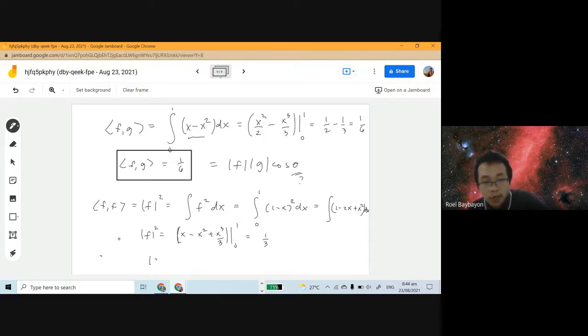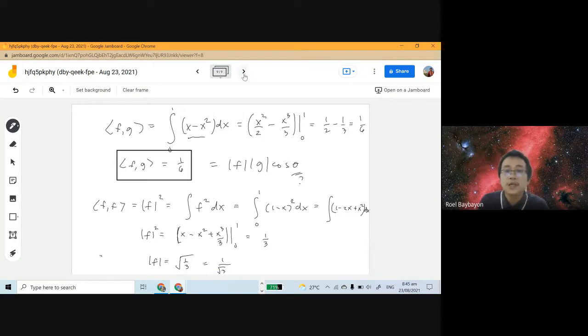So therefore, akong f is equal to square root of 1/3. Because my f square is 1/3, my magnitude of f is equal to square root of 1 over 3, or you can write this as 1 over square root of 3.